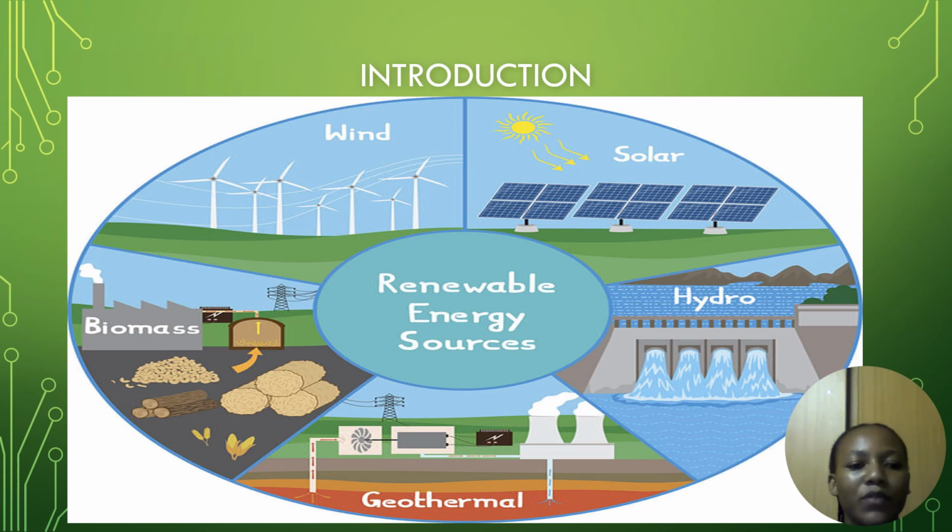These are the renewable energies that we will use in replacement of the normal electricity that is supplied from Eskom or from our government. So we'll be using these privately as a replacement of the electricity that we already have.